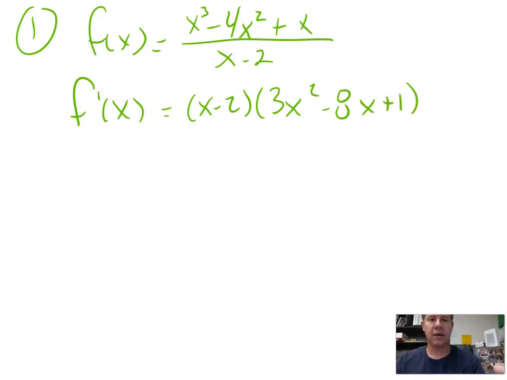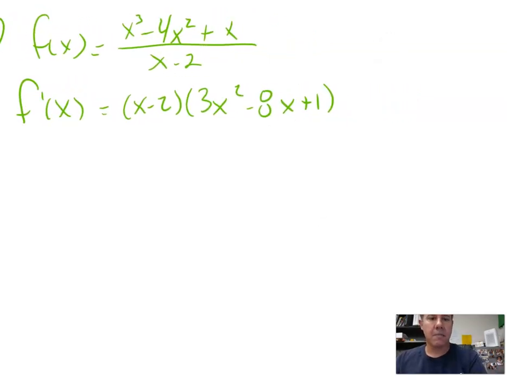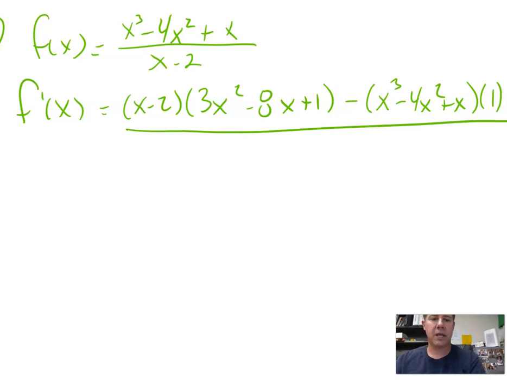Minus, I'm running out of room here, but minus high, x cubed minus 4x squared plus x, d low, square the bottom, and off we go. Low d high minus high d low, square the bottom, and off we go. All right, there we go.